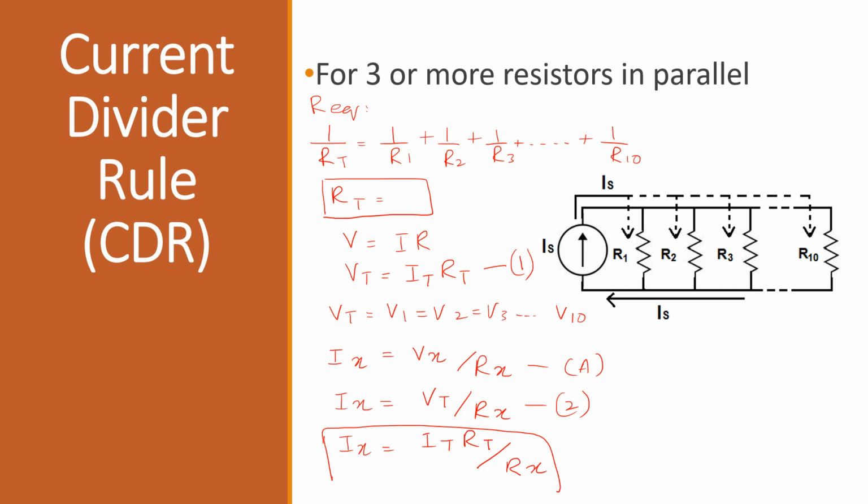It means you just have to calculate RT first, and then write the value of Rx in this formula. Suppose you want to calculate I1, then this formula will be IT RT divided by R1. And for I2, Ix will become I2 and Rx will become R2.